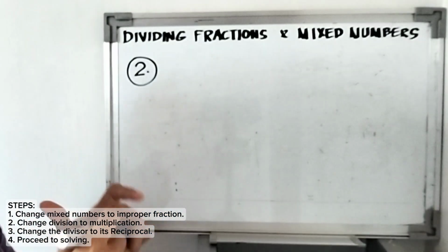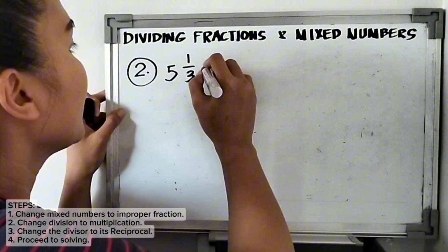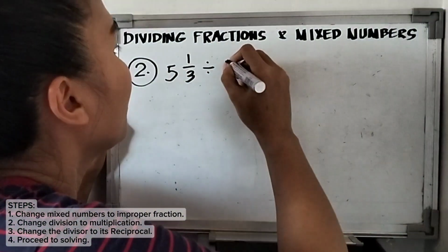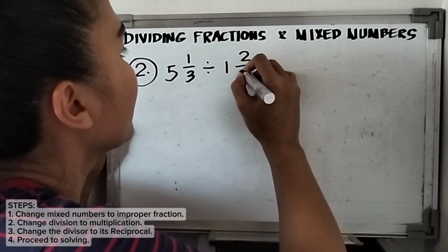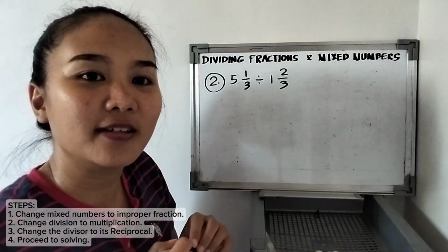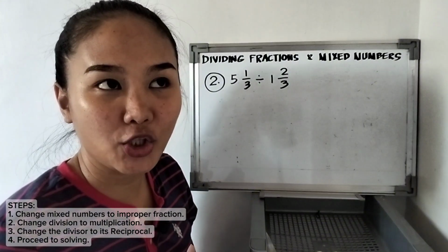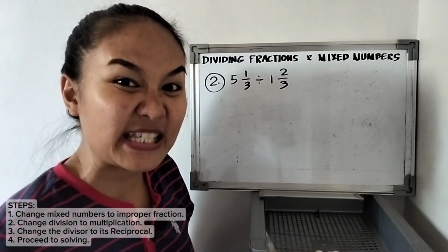Number 2. 5 1/3 divided by 1 2/3. Now, one tip: my papa said that when you are writing a mathematical equation, you should make your penmanship neat.